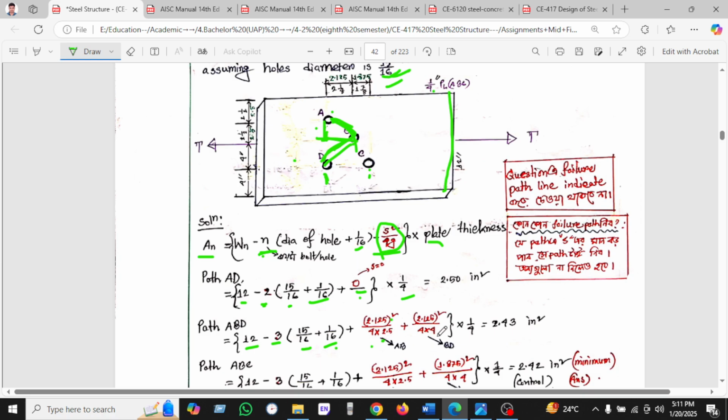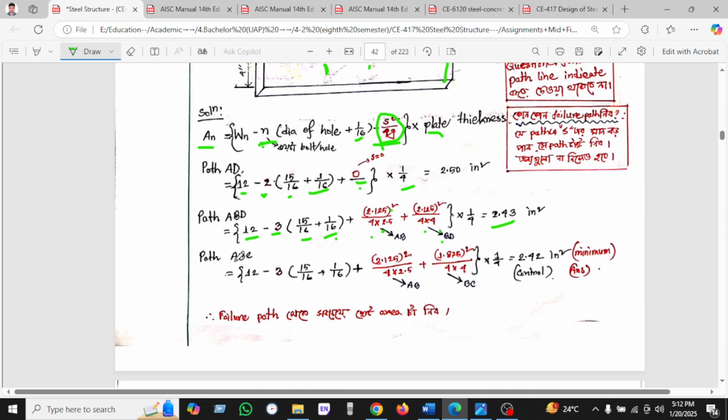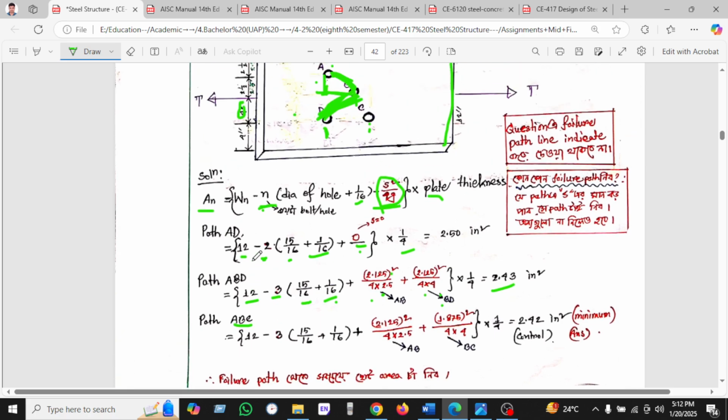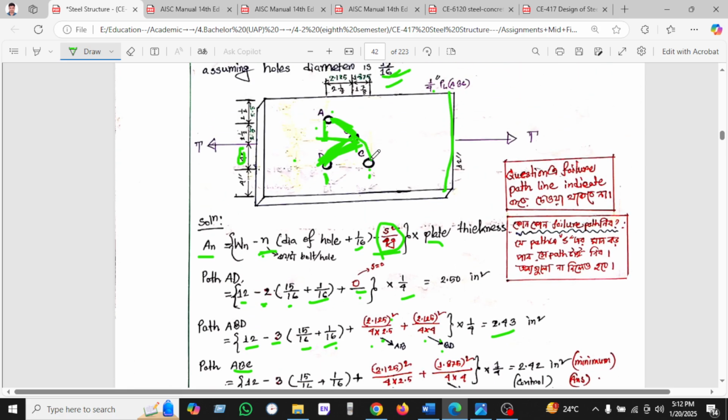Which is 2.5. And in this way, now we'll calculate this portion BD, and in the same way s square is the same, 2.10, and 4 into g. G changes. We can see g is given here as 4, and we found 4.13, and the remaining path is BCD.